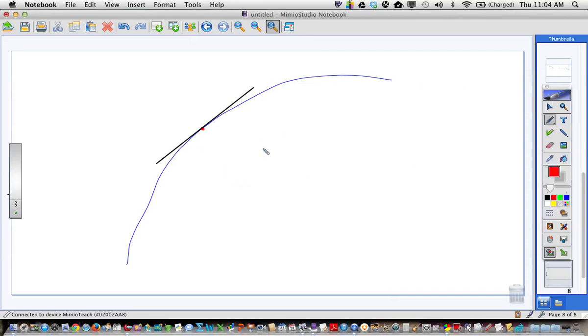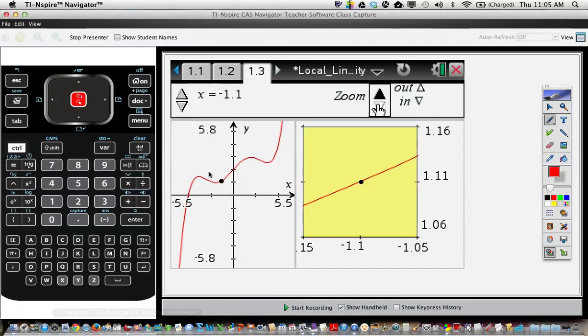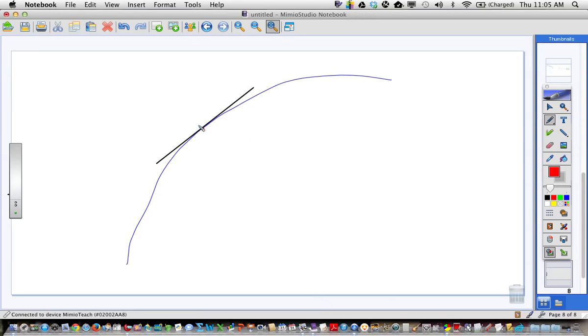All right. So now, here's the idea, this local linearity. If we look at the calculator now, we've zoomed in to the point that this curve actually looks straight. Now, remember, what we're looking for is the tangent line slope.